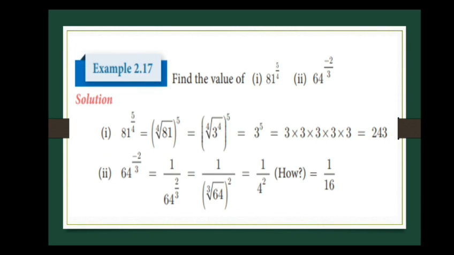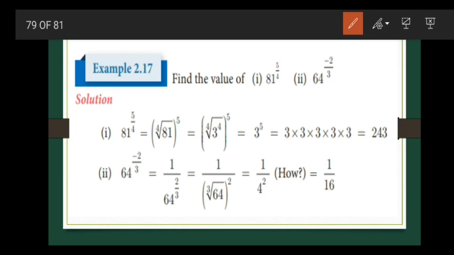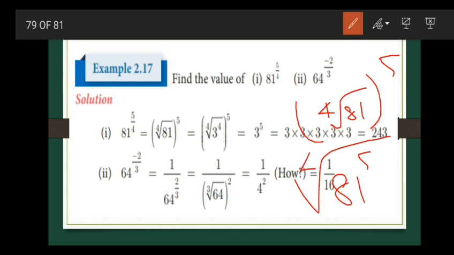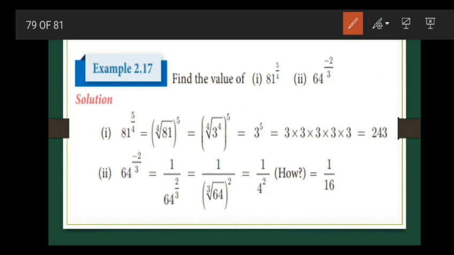Find the value of 81 to the power 5 by 4, which means the 4th root of 81 to the power 5, or 81 to the power 5 and then we have to take the 4th root. First we'll find out the 4th root of 81. That will be easy.